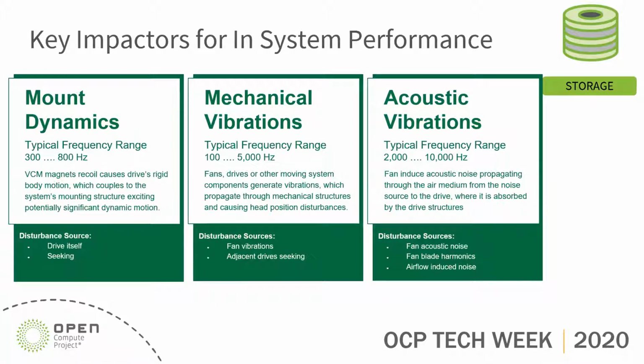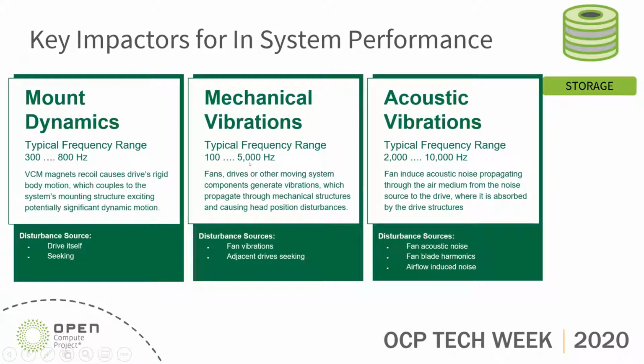The reason for mount dynamics disturbances is the drive seeking. It's self-excited operation. When the drive is performing a seek, there is a recoil which is then visible in the tracking error. Mechanical vibrations cover a little bit broader range, between 100 Hertz and 5 kilohertz.